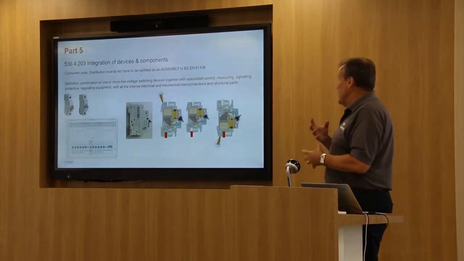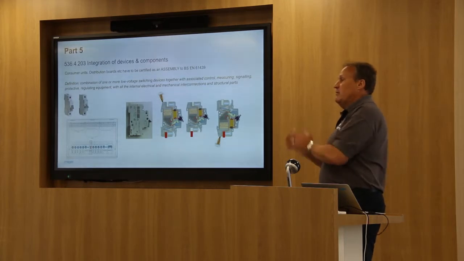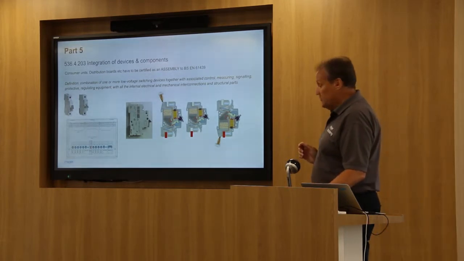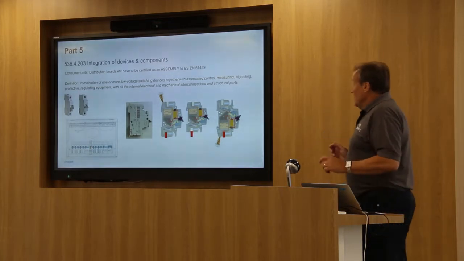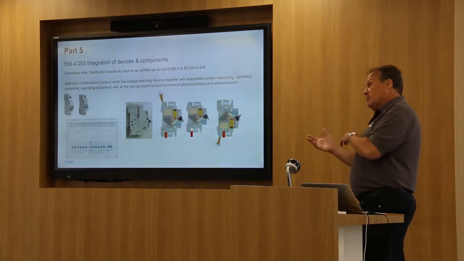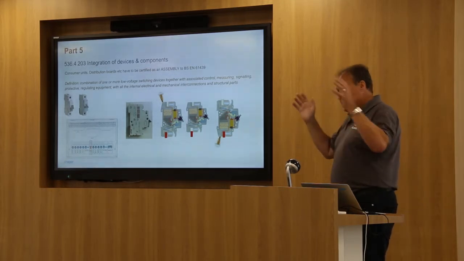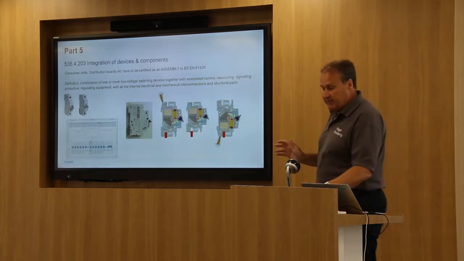So it sounds almost petty, but it is really important you put the right product in the right casing, this distribution board. You are perfectly at liberty to mix and match and make your own, get your own enclosures, get your own devices in it. Switchgear manufacturers do it as part of their daily life, of course.